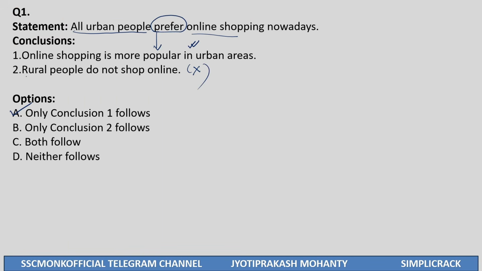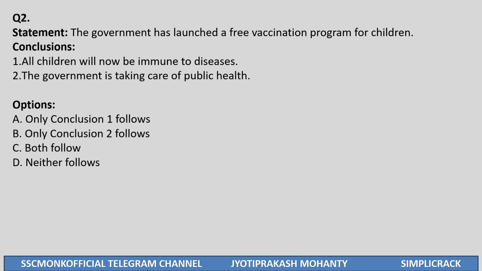Now let's try the same in the next question. The government has launched a free vaccination program for children. Government has launched what? Free vaccination program. That means conclusion 1 says all children will now be immune to disease. In this conclusion, what are we saying?